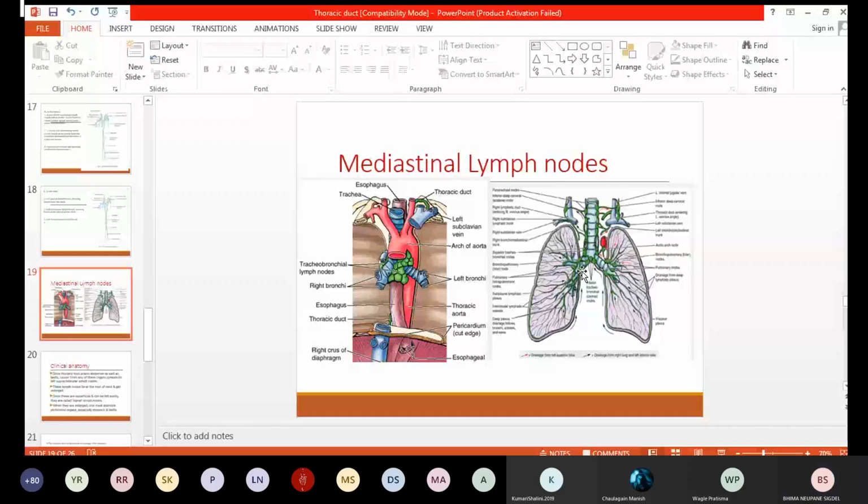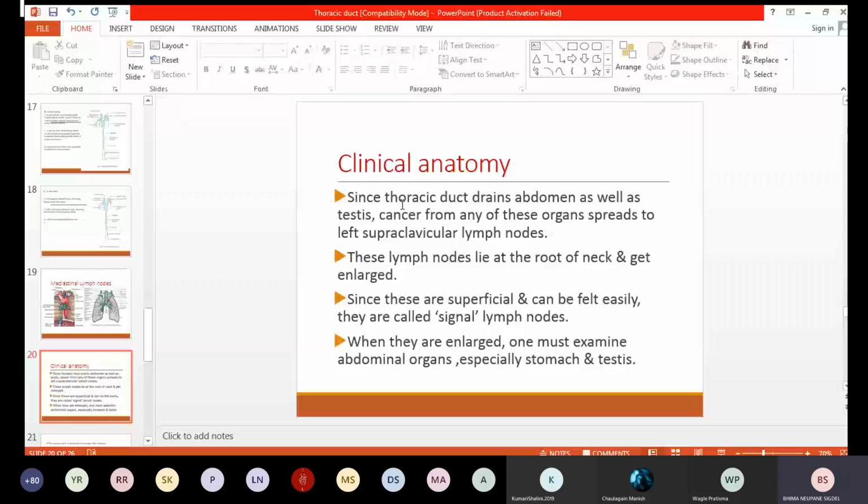Here you can see the thoracic duct. As you know, this thoracic duct drains most of the body, right? So there is more chance of spread of cancer from these organs. The thoracic duct drains from the abdomen as well as from the testes, right? So cancer from any of these organs finally drains into the left supraclavicular lymph node.